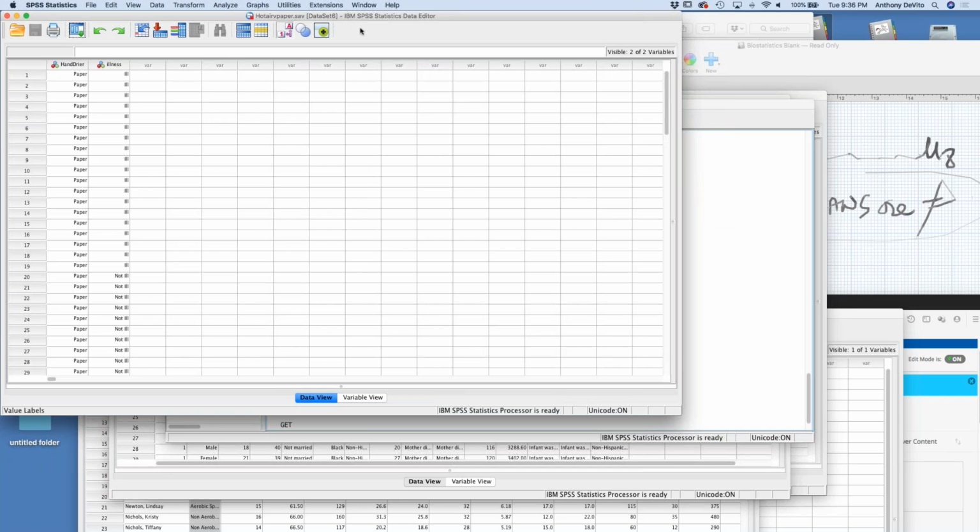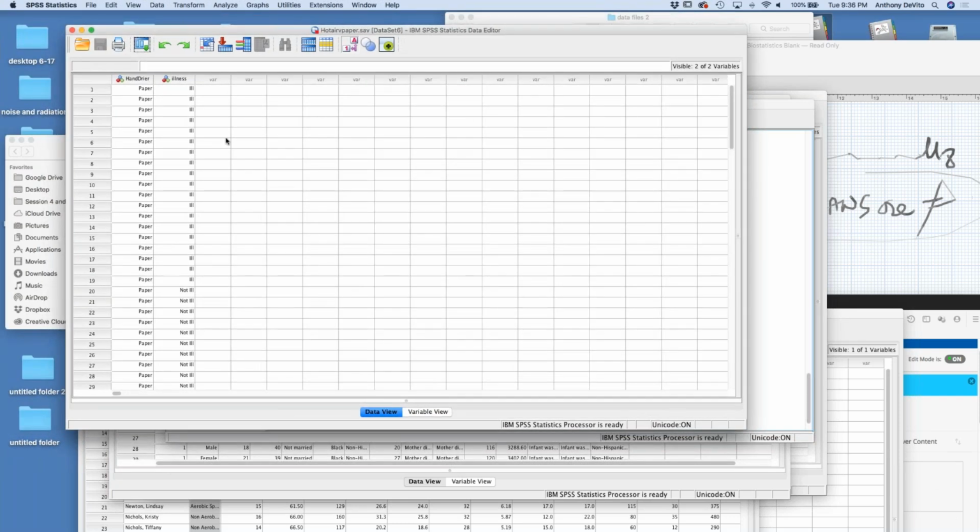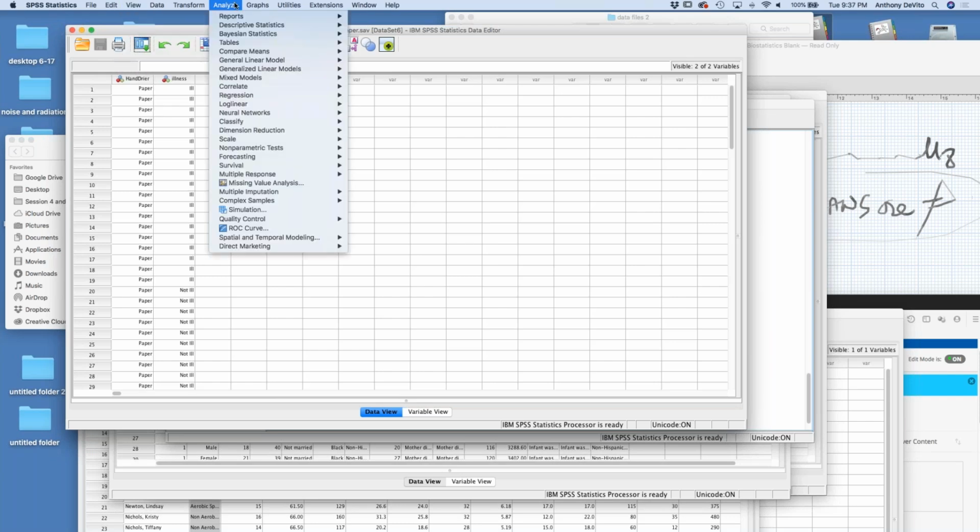Okay, and now ill and not ill, I guess is what I use. But what are the numbers there? Let me take a look at the variable here. It's all 1s and 2s. Okay, value label. I'm going to go to analyze, and again, chi-square is going to be under descriptive statistics, crosstabs. Basically you're making crosstabs, right?